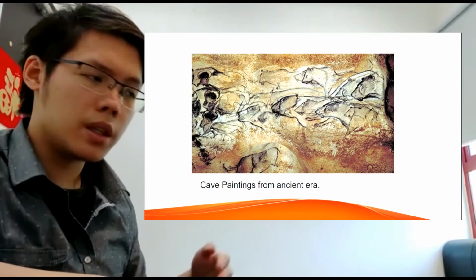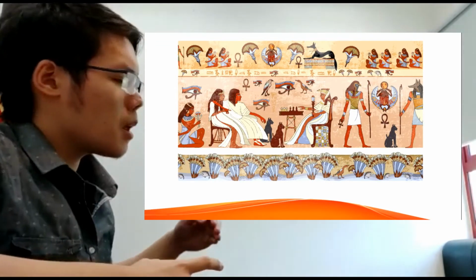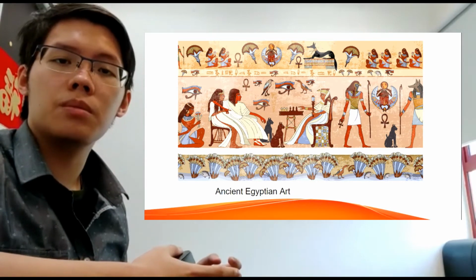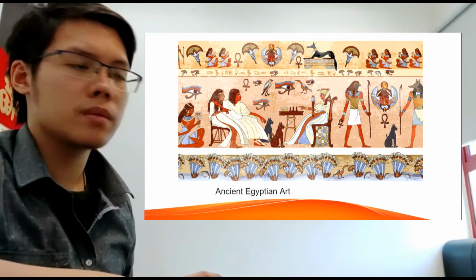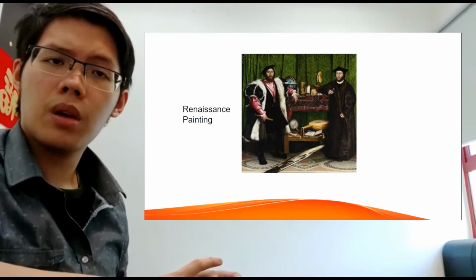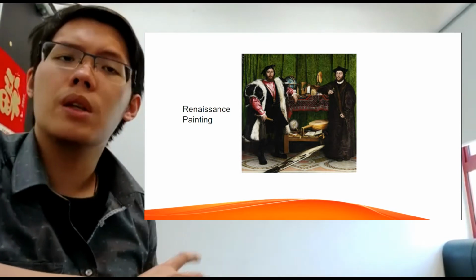And we progressed, and we have ancient Egypt with art and paintings that tell us their customs and way of life. And then we move on to the Renaissance era, and then now, where we can utilize visual content to convey information and ideas.